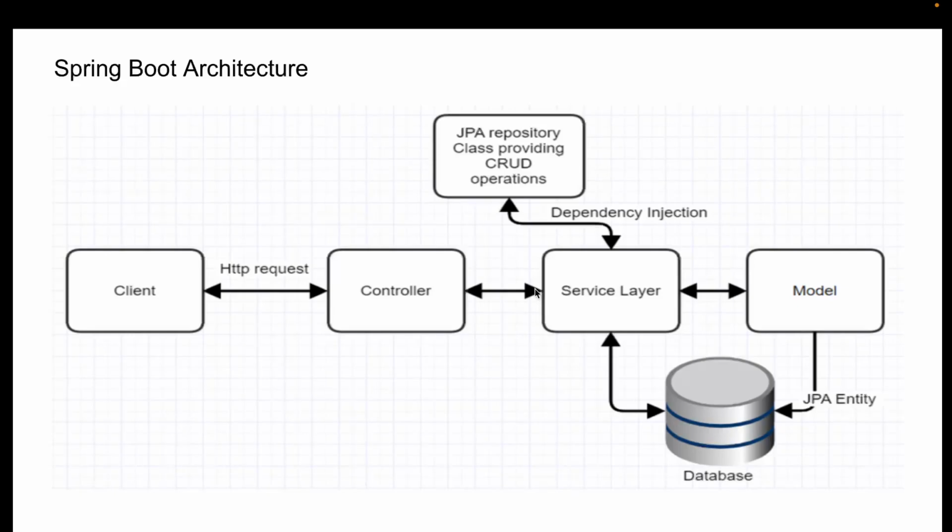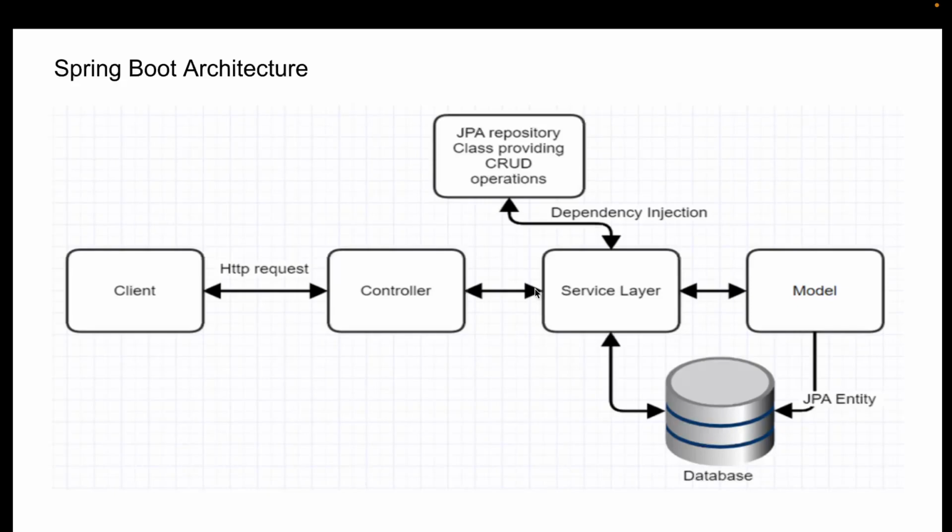Your service layer would need the help of your repository layer, and the repository layer will talk to the database. This way, the controller is dependent on the service layer. So the service layer component has to be injected in the controller layer, and the service layer needs the help of your repository layer, so the repository layer component has to be injected in the service layer. So this is a classic example of dependency injection.